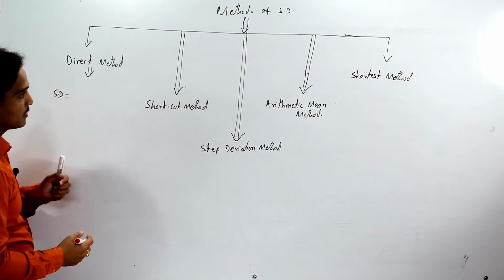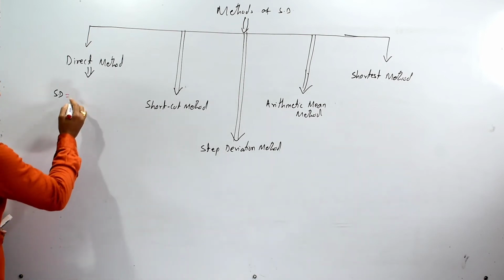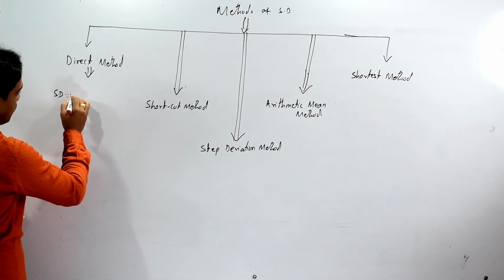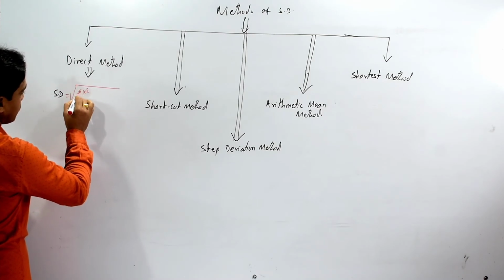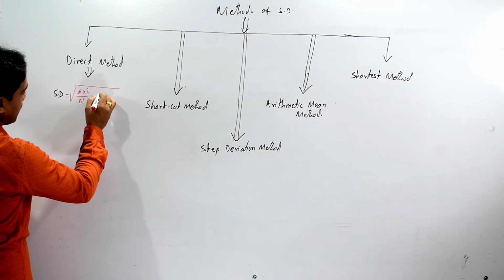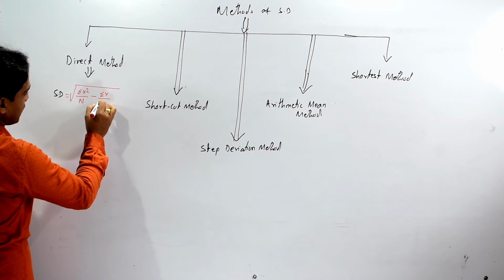In case of the direct method, standard deviation is calculated using the rule: square root of summation x square by n minus whole square of summation x by n.